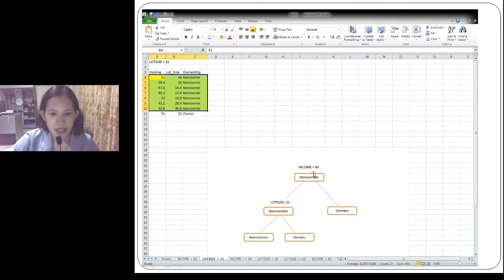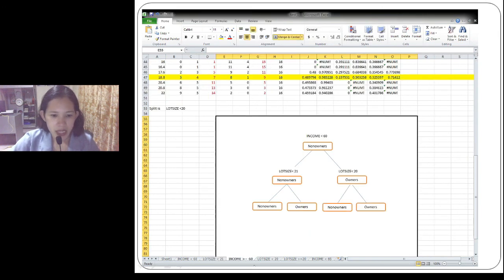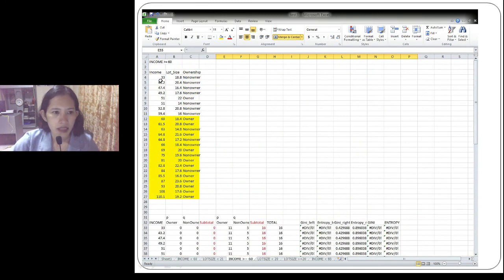Next, we go to the right side of our root node, which is income greater than or equal to 60. That comes from this data set. This is our original data set, and the records with income greater than or equal to 60 are highlighted in yellow.